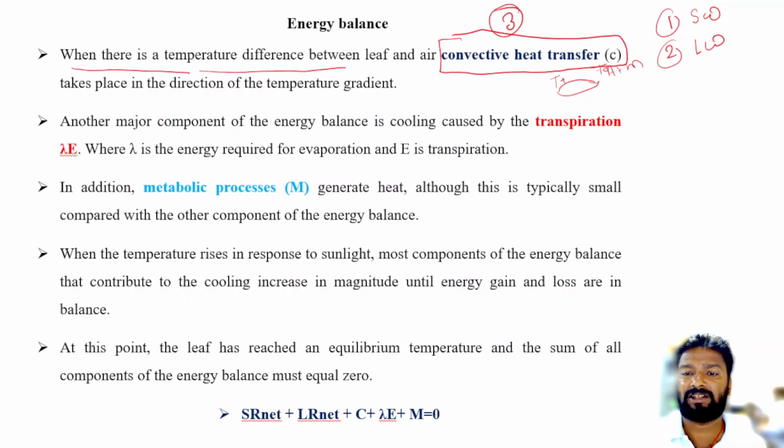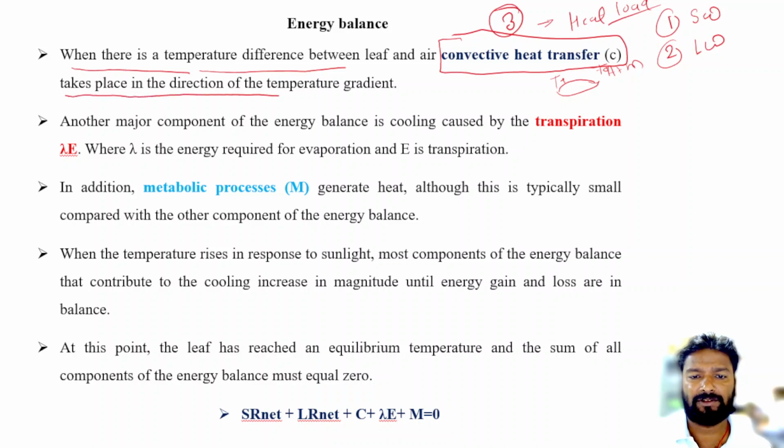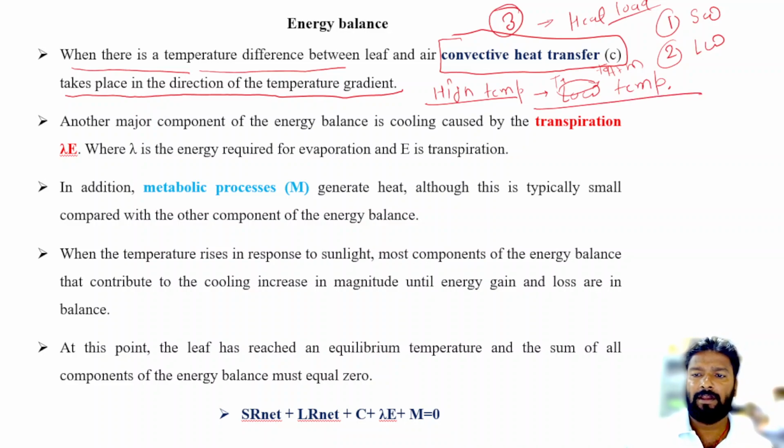So this is the third component, which reduces the heat load. This convective heat transfer takes place in the direction of the temperature gradient, meaning the heat moves from the high temperature to the low temperature. So this is the third component.